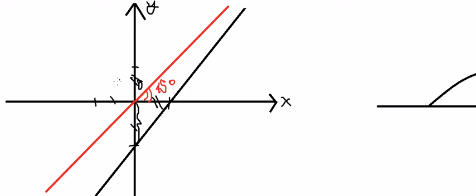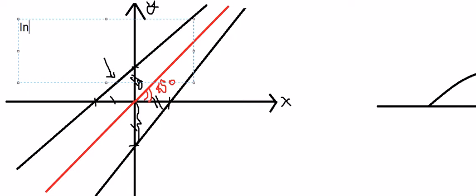After we find two points in here, we just use a straight line to connect. And we can say that this one is the inverse function.